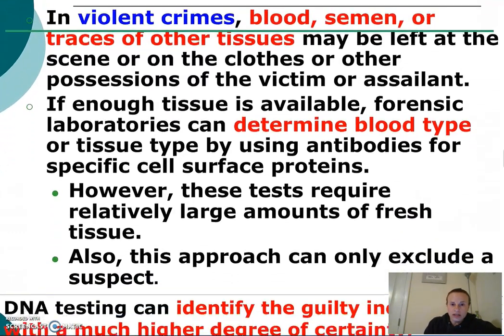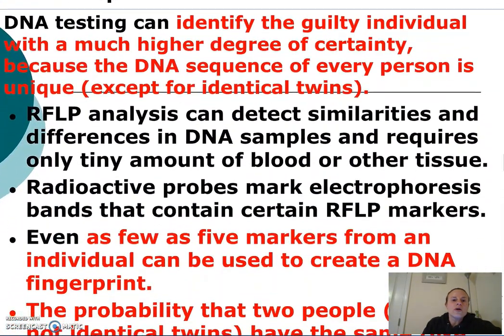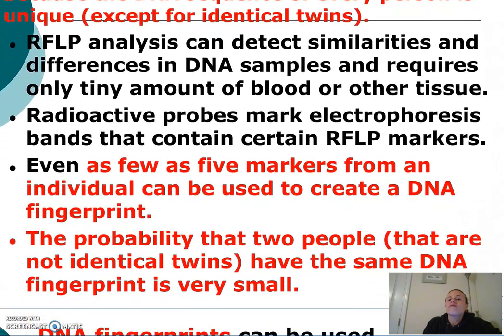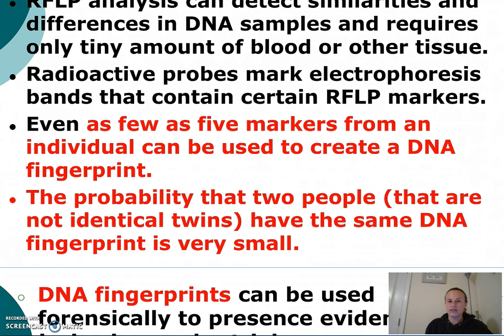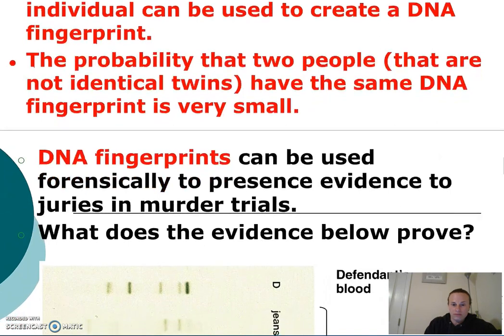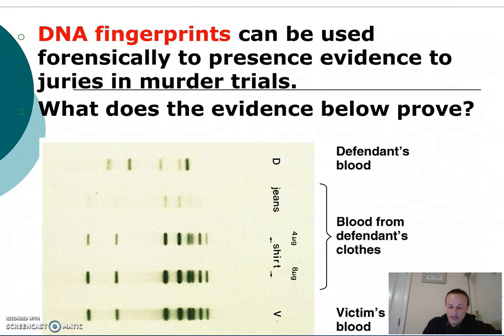RFLPs and gel electrophoresis can help identify the guilty individual with a much higher degree of certainty than a fingerprint, because the DNA sequence of every person is unique, except for identical twins. As few as 5 markers from an individual can be used to create that DNA fingerprint, because the probability that 2 people who aren't identical twins have that same fingerprint is extremely small. And then those DNA fingerprints can be used as forensic evidence.